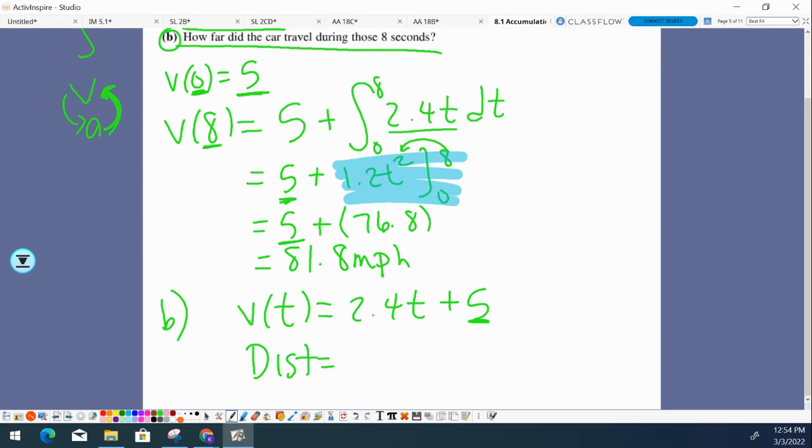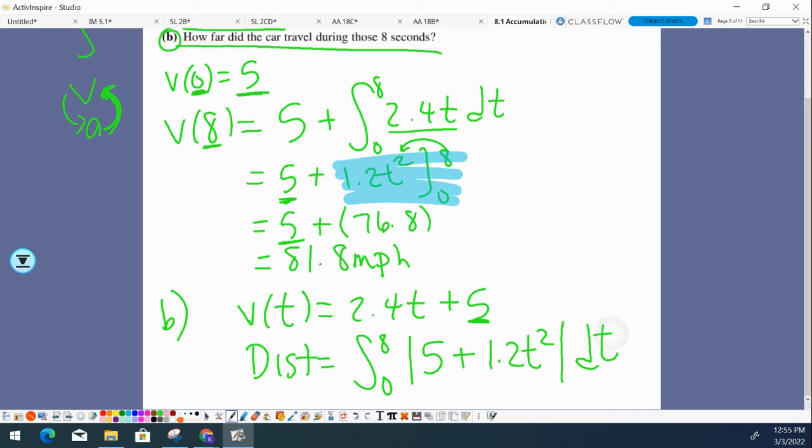This represents time 0. So now we're going to integrate to find distance from 0 to 8 seconds. And I'm going to actually use the absolute value. We're going to do this on a calculator.